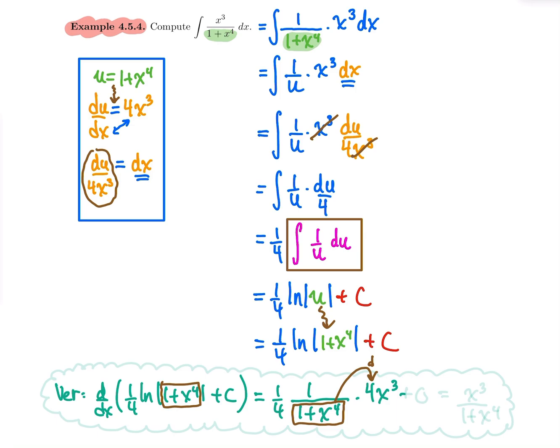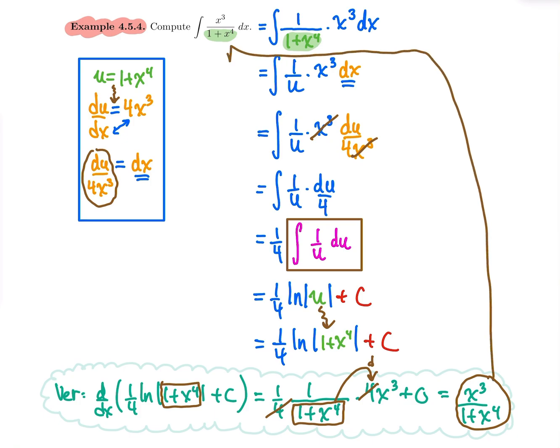And here again, by the power of simplification, you can see that the 4s cancel each other. You're left with 1 times x cubed. So this will clean itself very nicely to x cubed over 1 plus x^4. What a coincidence. This is exactly the same formula as the formula in your original question.